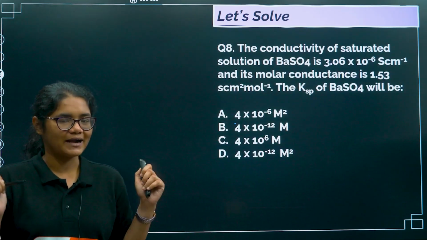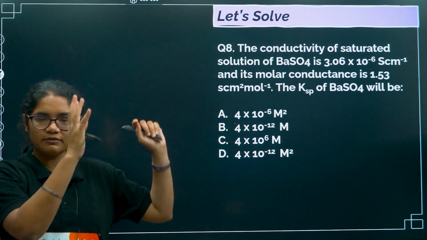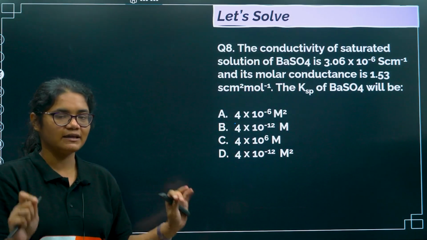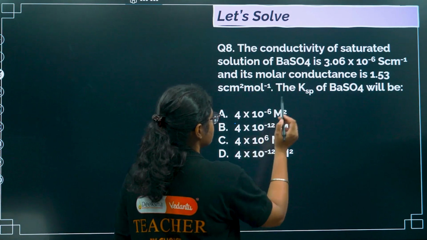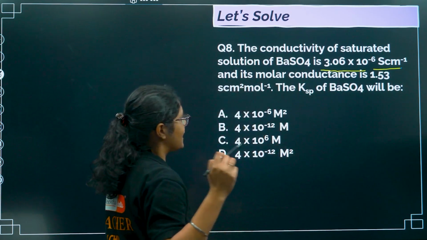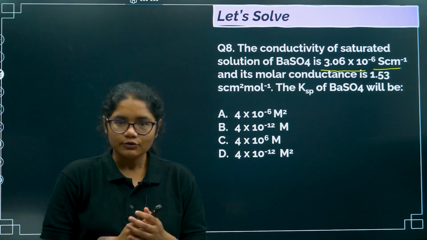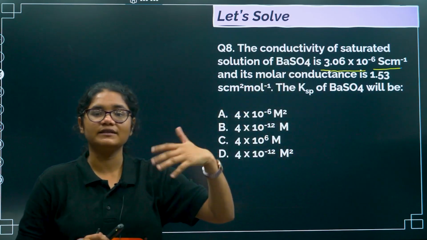We have a lot of practice questions, students, so that we can understand this concept. Whatever formulas we have written, we'll use each and every formula and do the questions. Okay, the conductivity of a saturated solution of BaSO4 is 3.06 into 10 to the power of minus 6 S centimeter inverse. Now you have to comment down and tell me which value this is.